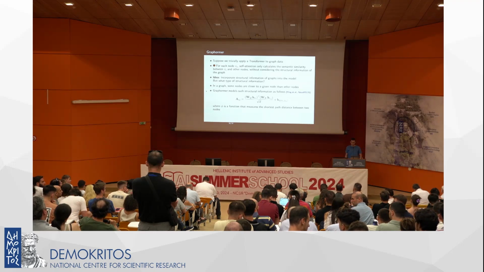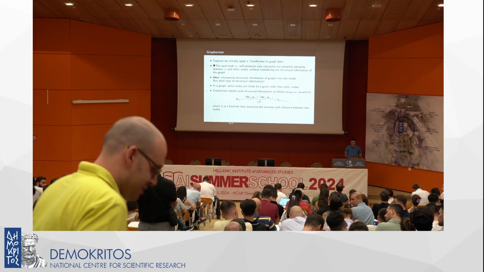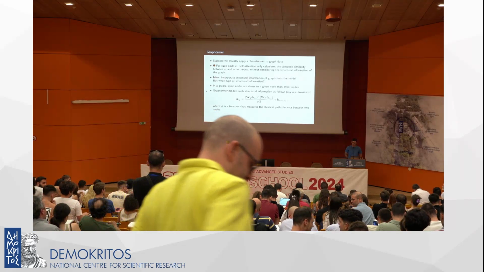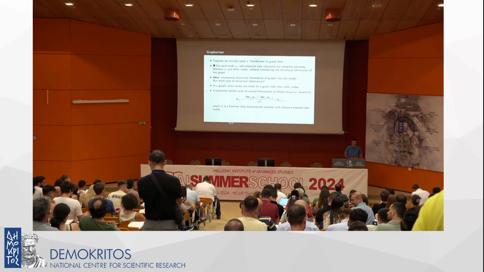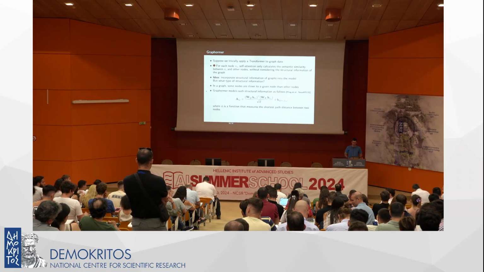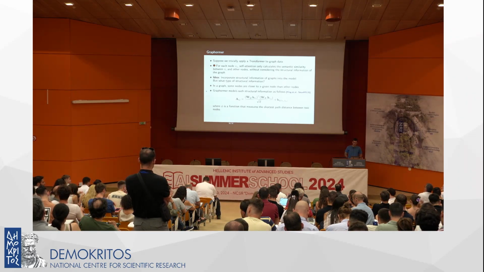Can we add them? We could have a hierarchical graph. You mean that we can represent each protein as a graph based on the 3D structure of the protein, and then we have another network that captures the interactions between proteins, right?